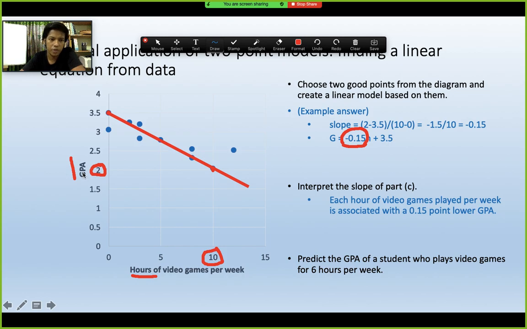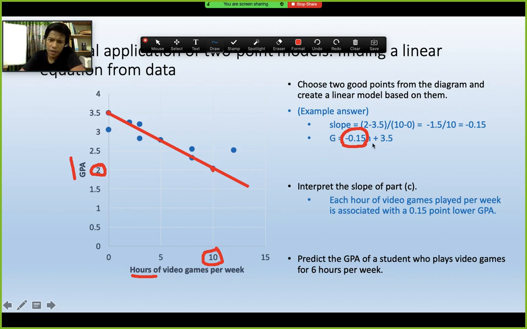If he plays just 5 hours of video games, then the GPA is approximately 3. If someone plays 0 hours of video games, then GPA is 3.5. That means if someone plays video games too much, their GPA falls. Their grade in their exams goes down. And this is 10 hours weekly, not 10 hours in a day.